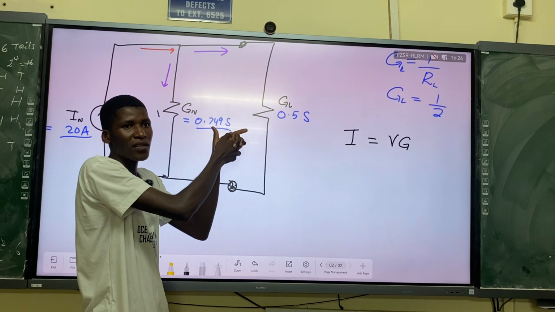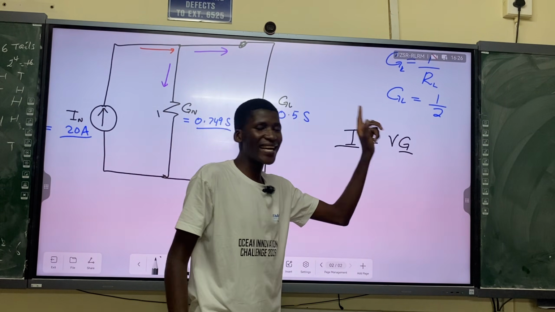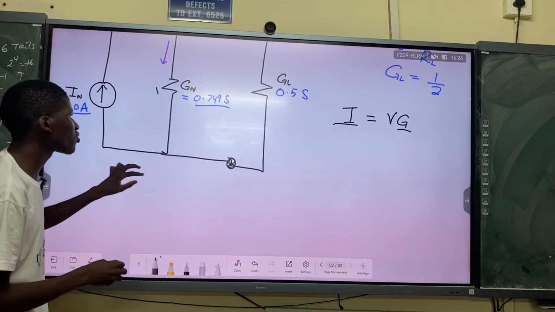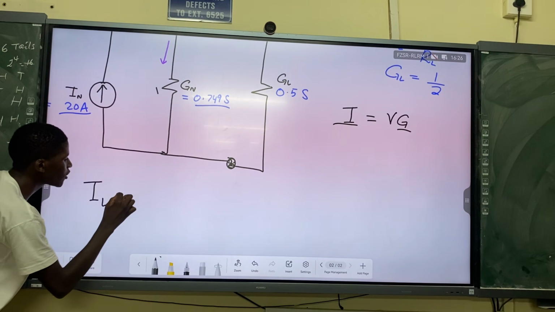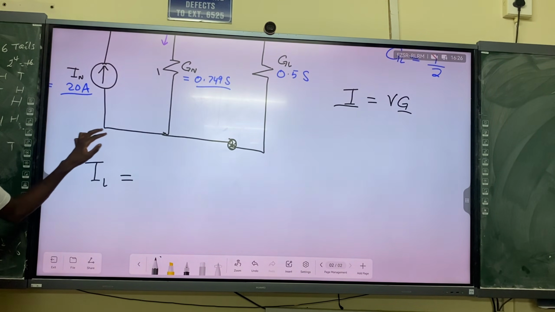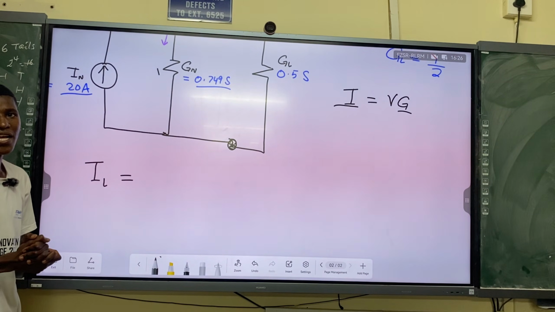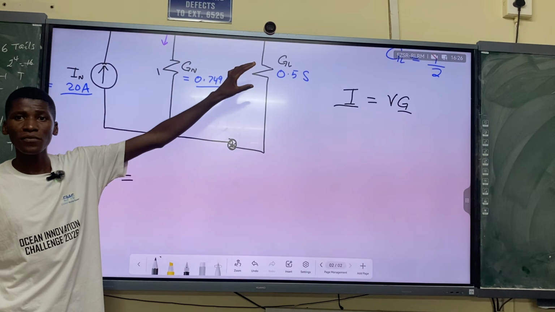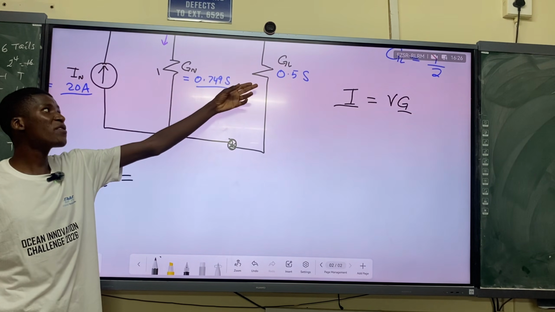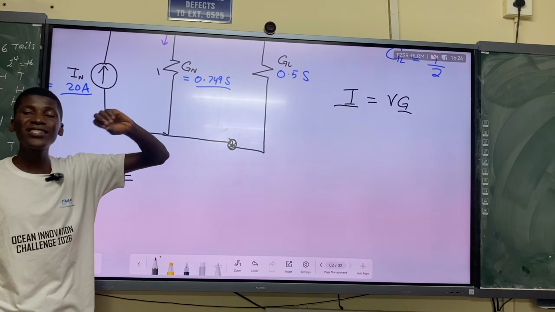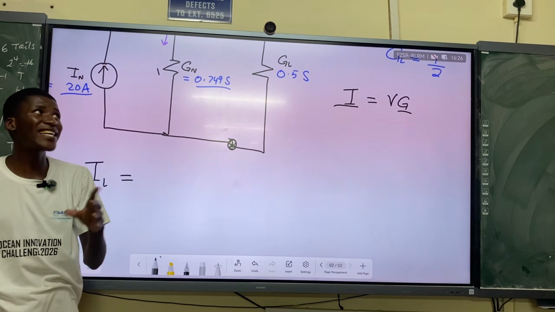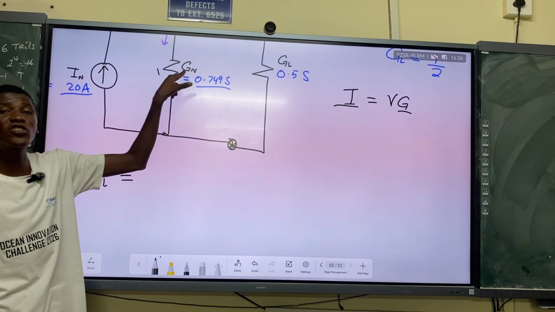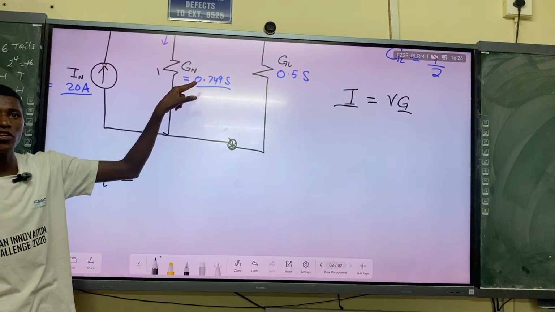Because current and conductance are directly proportional, when you make your ratio, you compare which one is bigger and which one is smaller. Will our G_load receive more or less current? We are looking for the current through G_load. My question is, will your G_load receive more current than this one? No, because it has a smaller conductance compared to G_N.